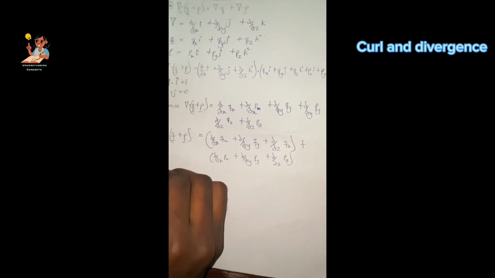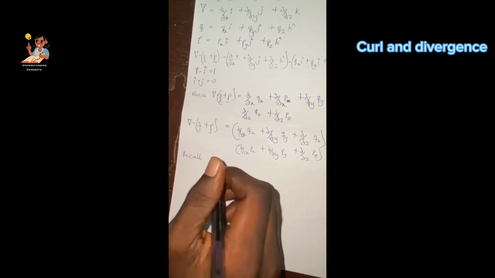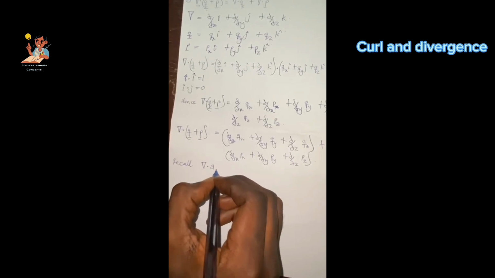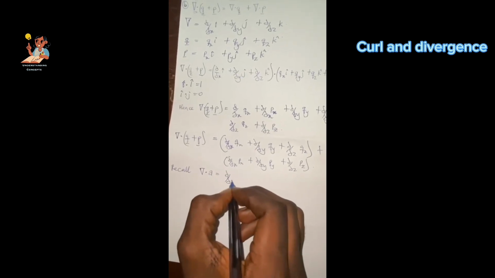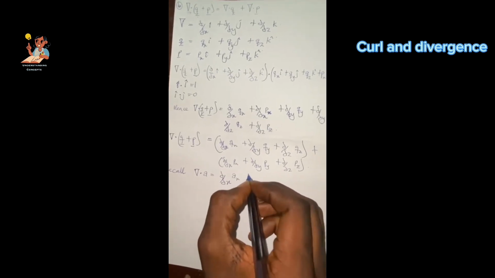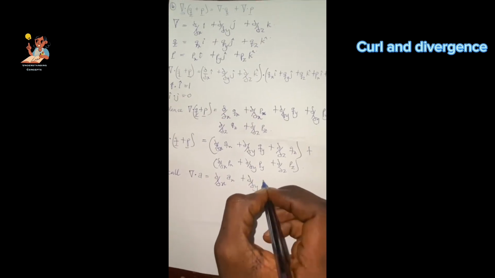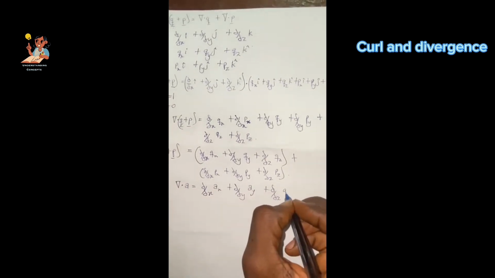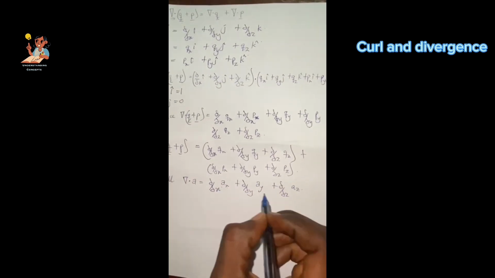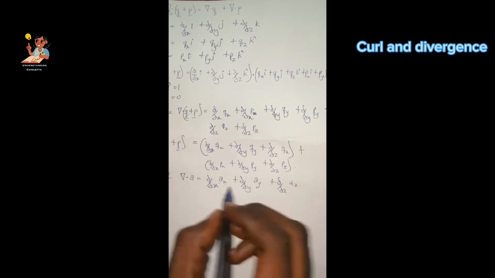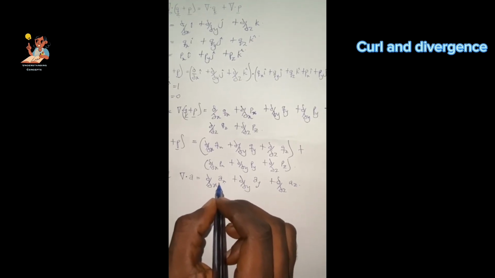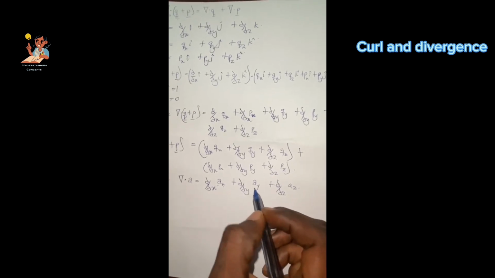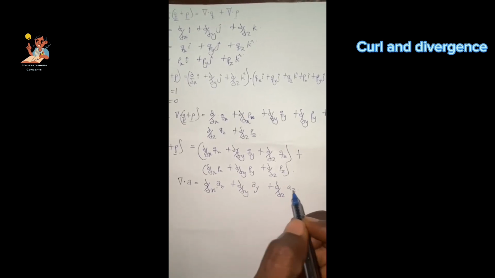It has already been established that we can recall that the divergence of a vector field is equal to d/dx of Ax plus d/dy of Ay plus d/dz of Az. Mind you, this Ax, Ay, Az you are seeing is differentiation: partial derivative of A with respect to x, with respect to y, and with respect to z.